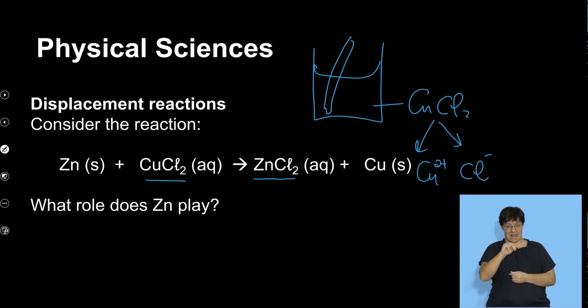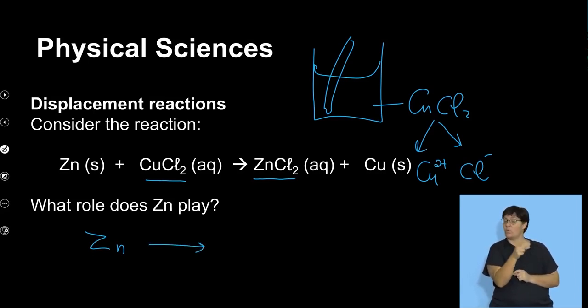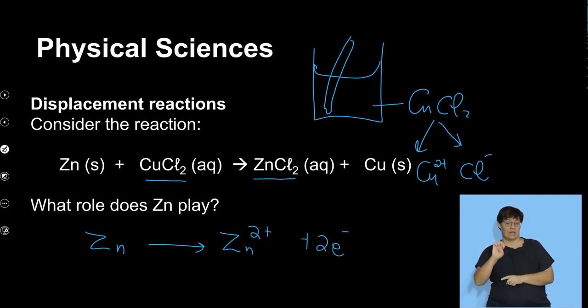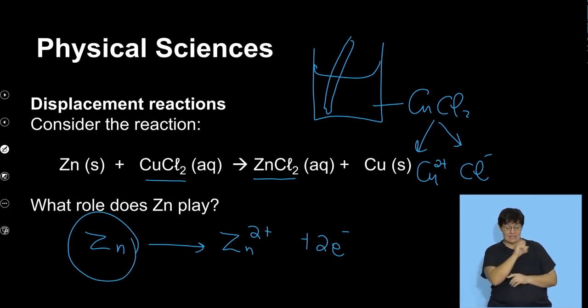So what role does zinc play in this reaction? We understand that zinc atoms undergo oxidation to give us Zn2+ plus 2 electrons. Zinc, being the substance that undergoes oxidation, becomes our reducing agent.